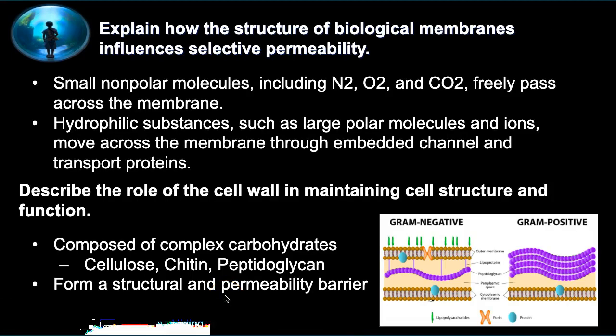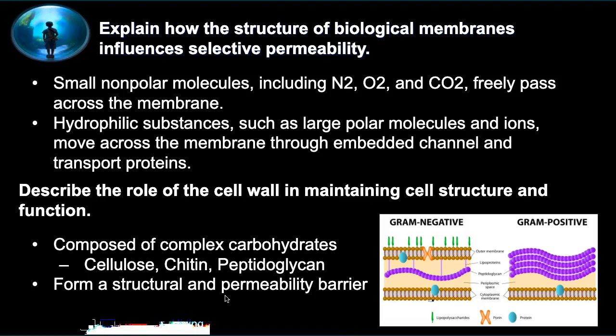Explain how the structure of biological membranes influences selective permeability. So you're looking at polarity, right, of molecules and of membranes. So the small nonpolar molecules, like oxygen gas, for example, pass freely across the membrane. I have seen this question in a FRQ before.